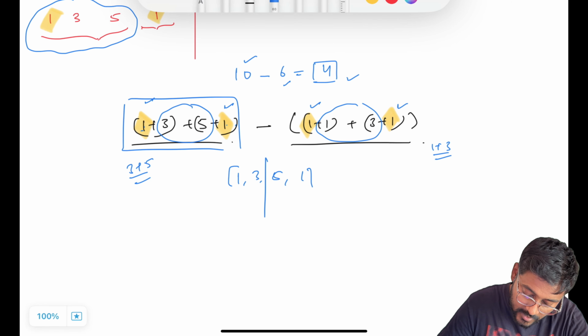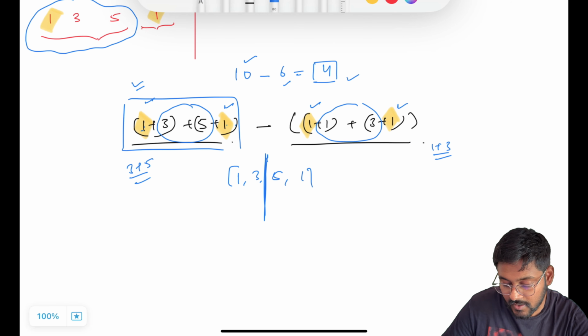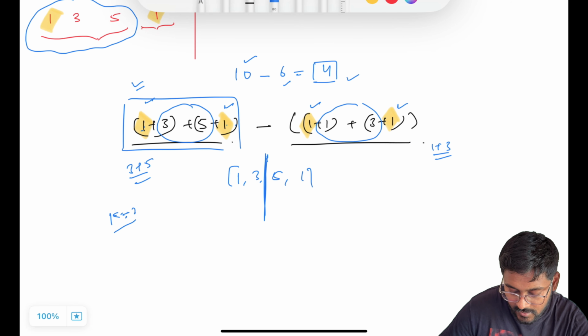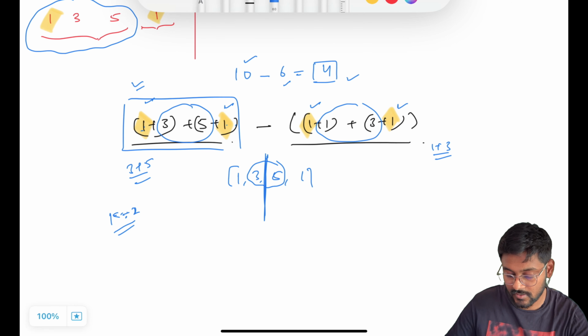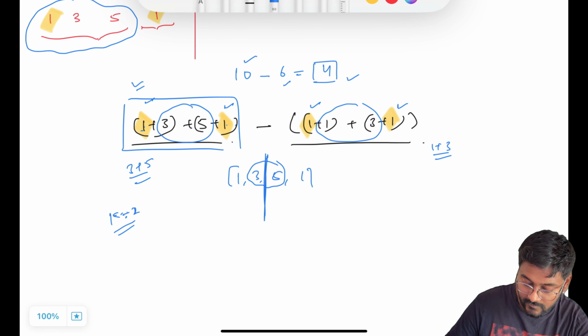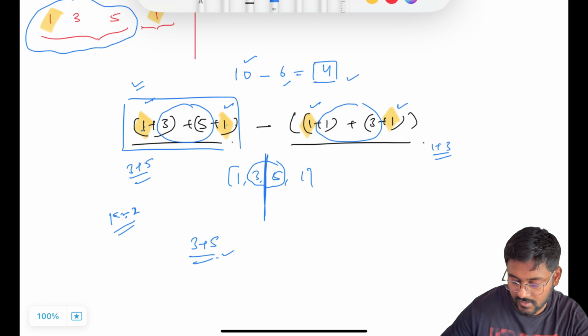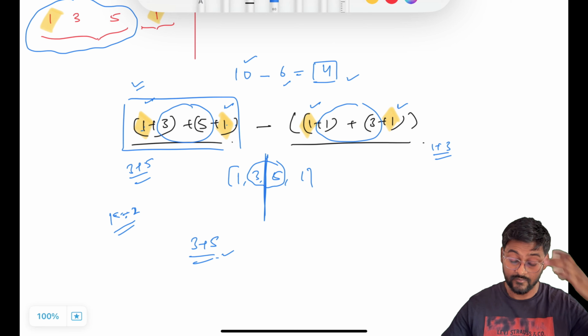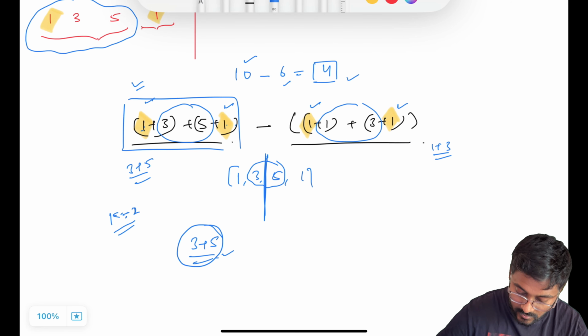And this possibility came from this partition, when I made a cut at this point, because I wanted to have 2 bags, right? So these values came into the picture. So these 3 and 5, 3 plus 5, we can directly consider it. If I capture it, I can use it while calculating the score.